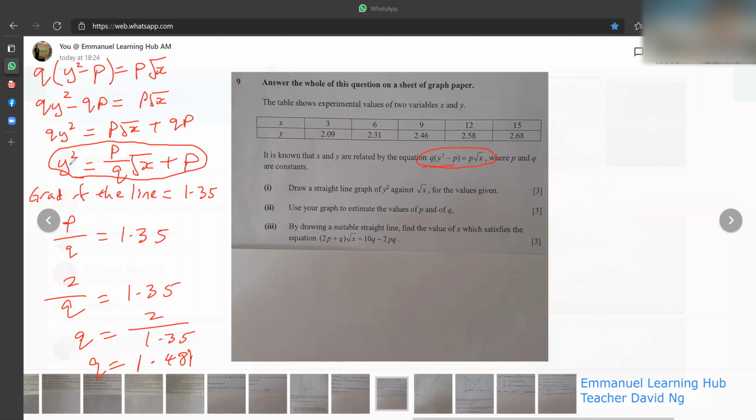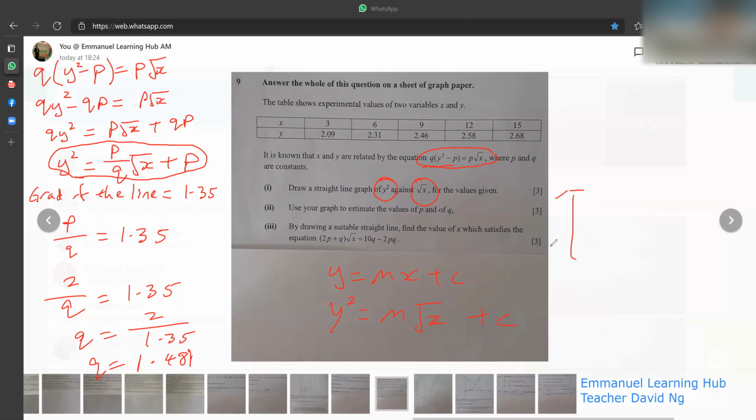How come you need y square to be the subject? Because the graph is y square against root x. When you plot the equation for a line, it's always y equal to mx plus c. Right now you know that your y is actually your y square and your x is square root x.